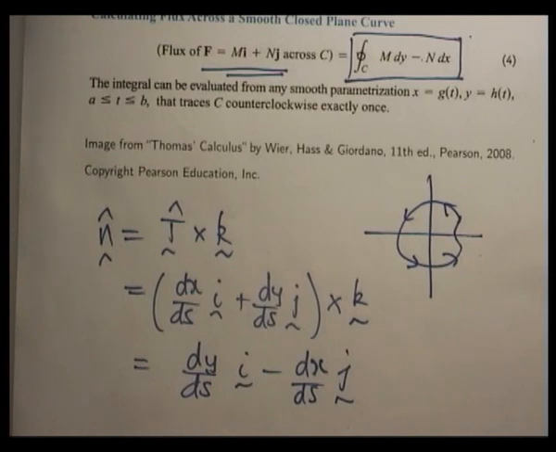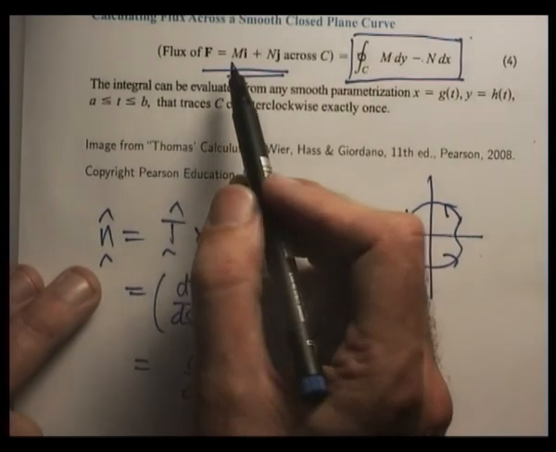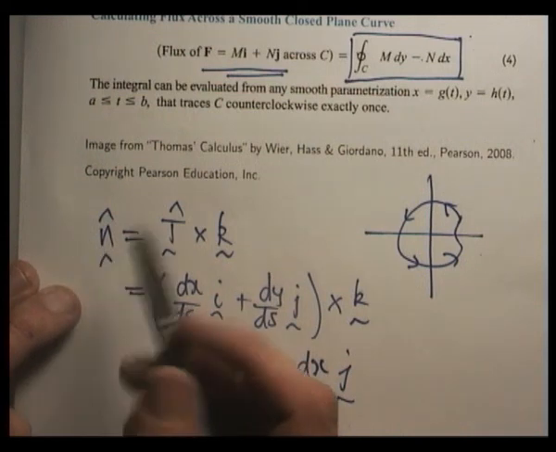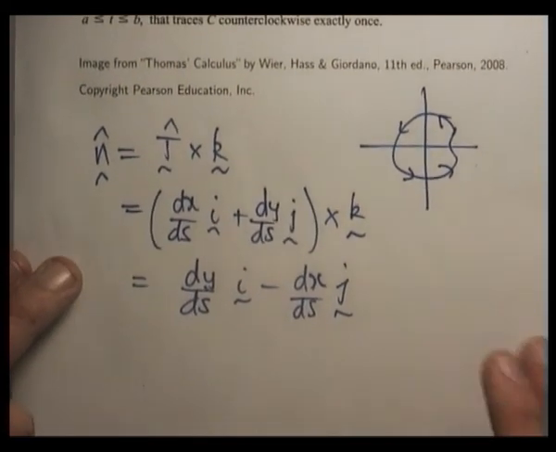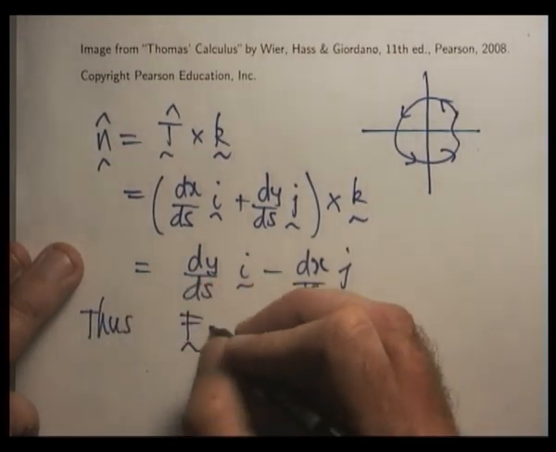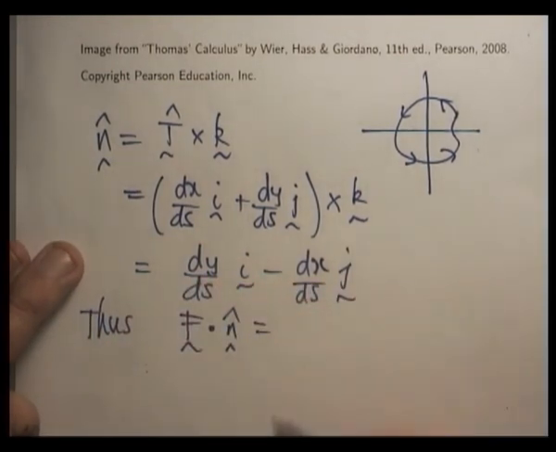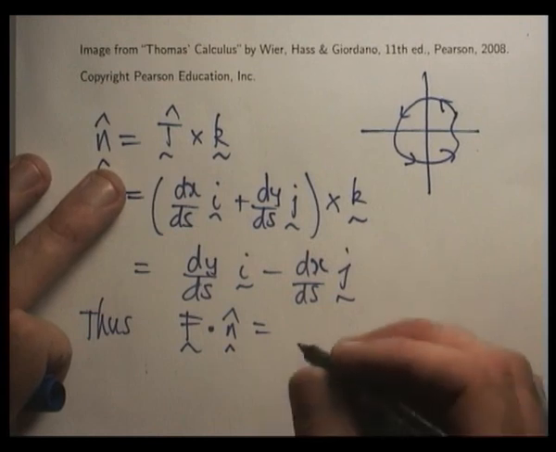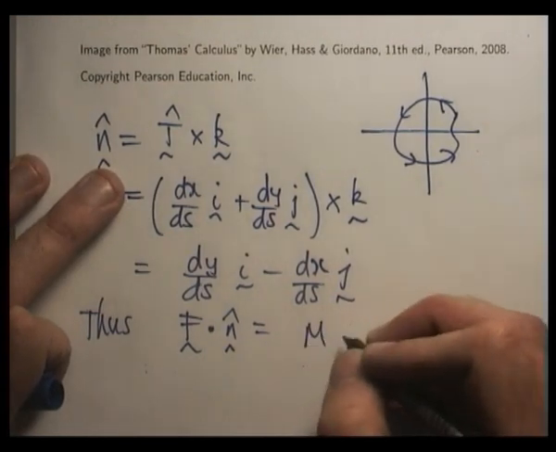So let's take our given vector field and dot it with this normal vector. F has components M and N, so if I take the dot product, I'll get something like this.